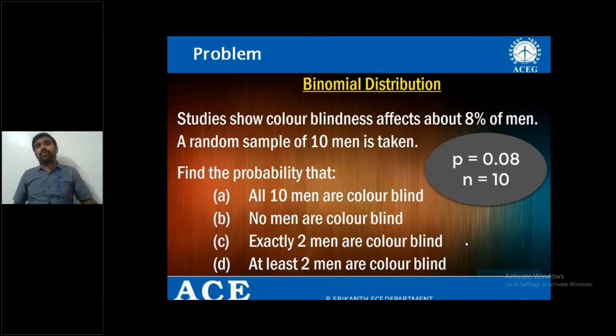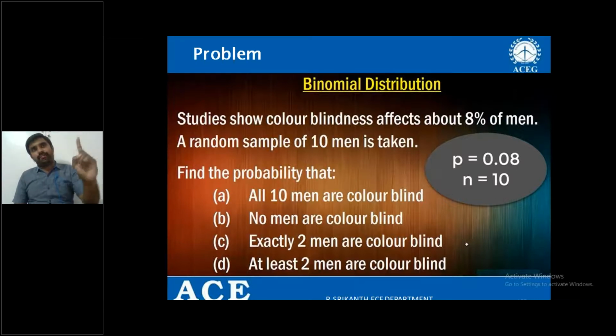Let me take a problem here. For example, studies show color blindness affects about 8% of men. A random sample of 10 men is taken. So here, color blindness is the experiment. Out of 100, 8 members are with color blindness. I am just selecting randomly 10 men. How do you write the probability?